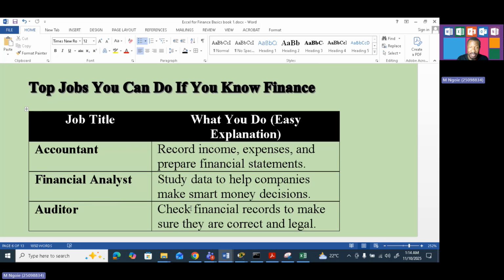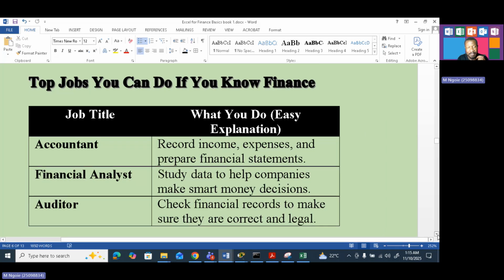Number two, if you know finance, you can work as a financial analyst. What does a financial analyst do? You can study data to help companies make smart money decisions. You can also work as an auditor, checking financial records to make sure they are correct and legal.